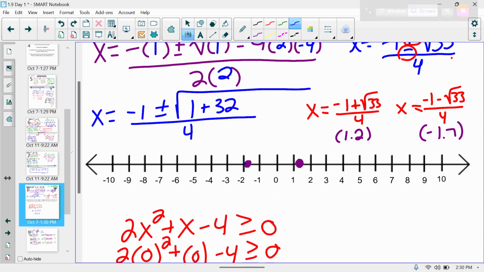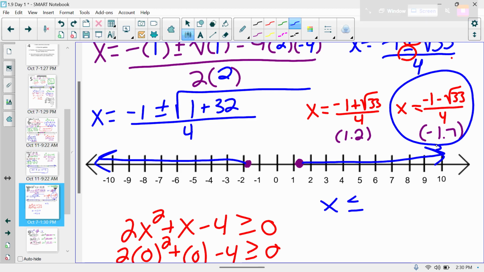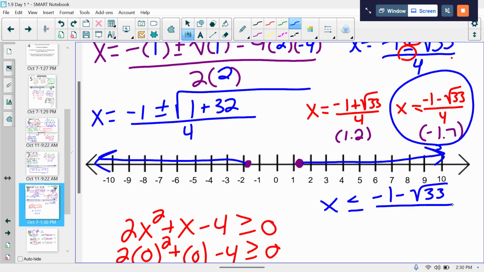Again, you can pick a number down here if you want, but it's going to work. You can pick a number up here, but it's going to work because if the middle section doesn't work, the answer is going to be all the things less than or equal to this number. We're not going to write negative 1.7. We're going to write it in the radical form, okay?